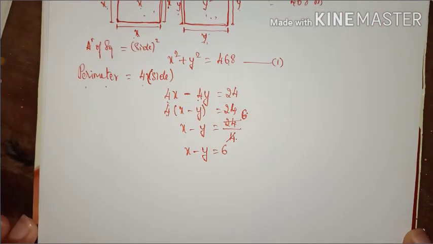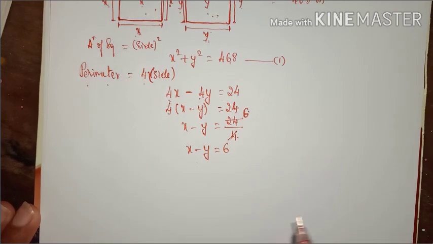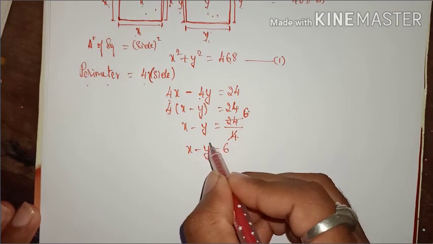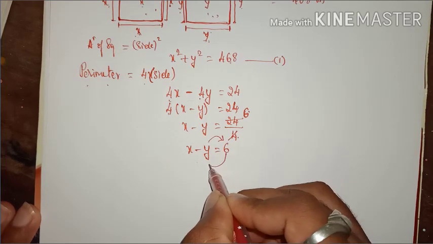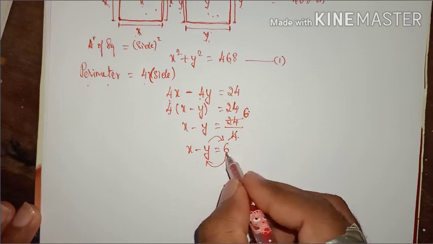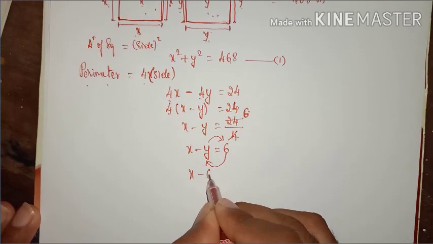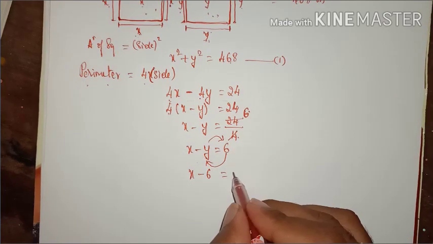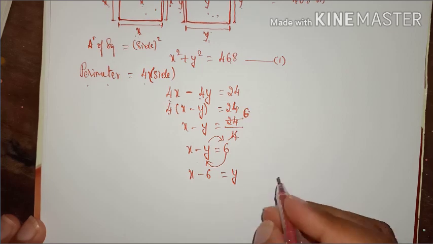Let us simplify this one. Here we have x minus y equals 6, isn't it? I will send this minus y to the right hand side and plus 6 to the left hand side. x I will write as it is. This plus 6 becomes minus 6, equals, this minus y becomes plus y. Now I got the y value.